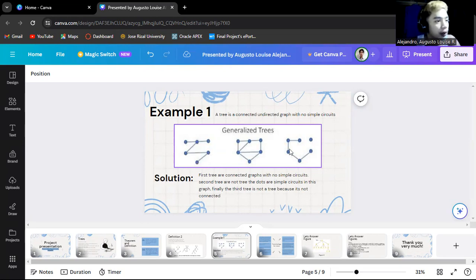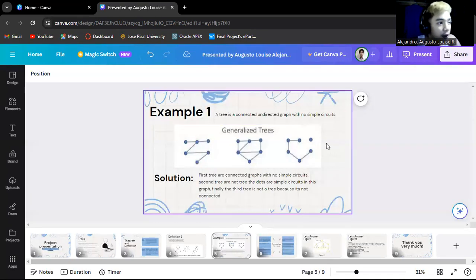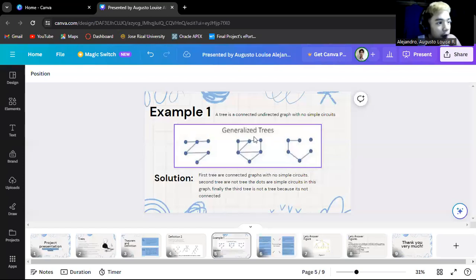The second graph is not a tree. There are simple circuits in this graph, where there is a loop, as you can see. Finally, the third graph is not a tree because it is not connected.